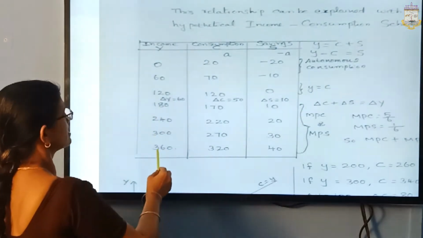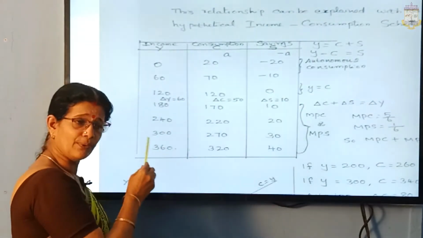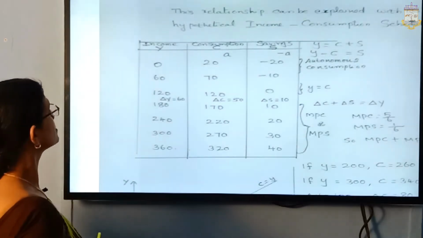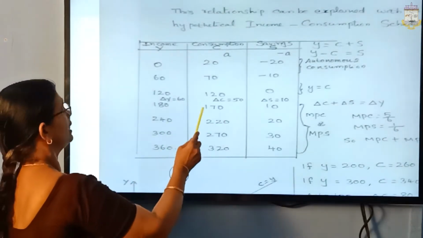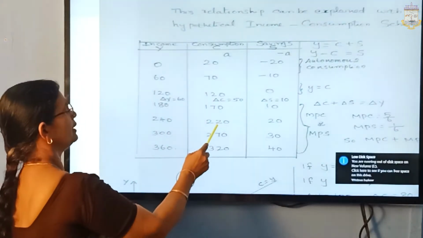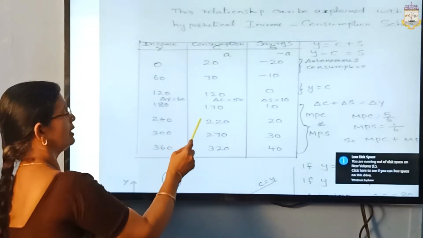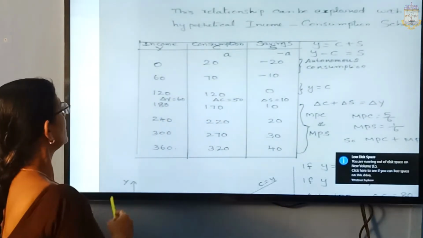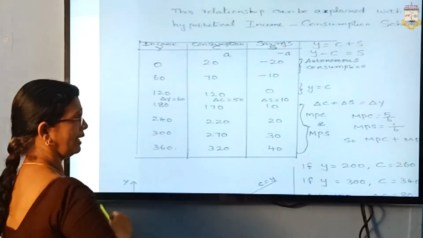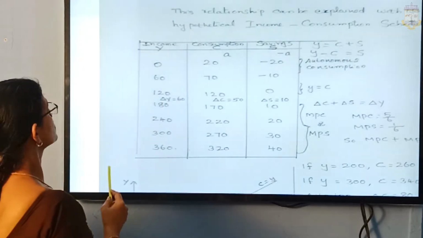And in all these levels of income, you can compute marginal propensity to consume. For example, in the next case, 220 minus 170, again delta C equal to 50, and 240 minus 180, delta Y 60.